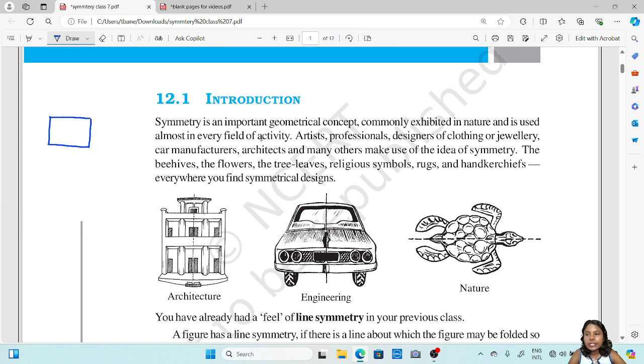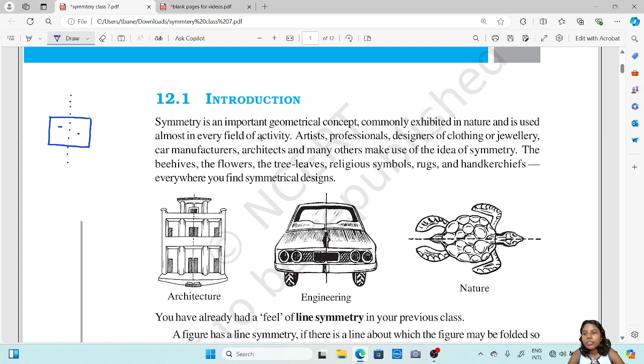It simply means that if I fold or divide the square into two halves, I will get two equal parts as in the mirror image. If I fold this, this side will be the same. It will be exactly the same. This means that it has symmetry.